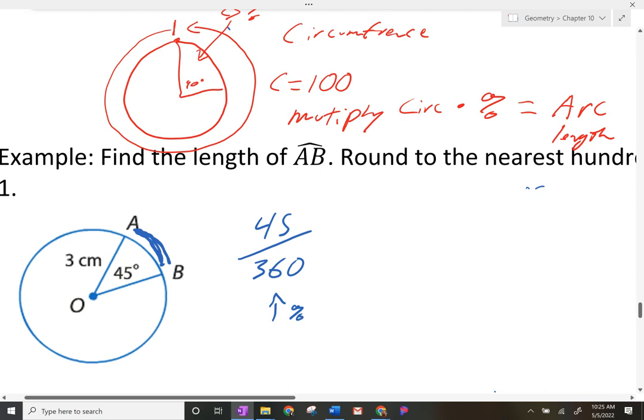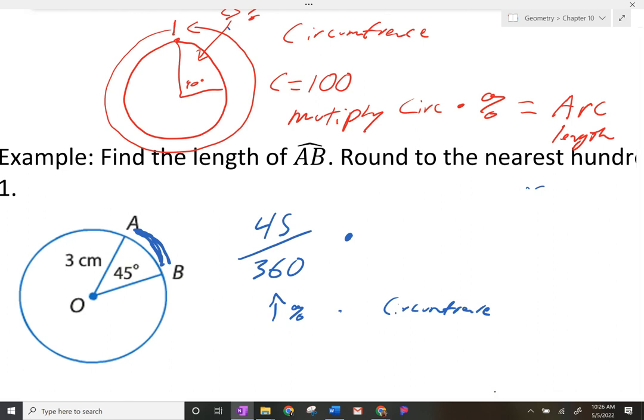The next part, I'm going to multiply that times my circumference. How do you get the circumference? 2 times pi times r.